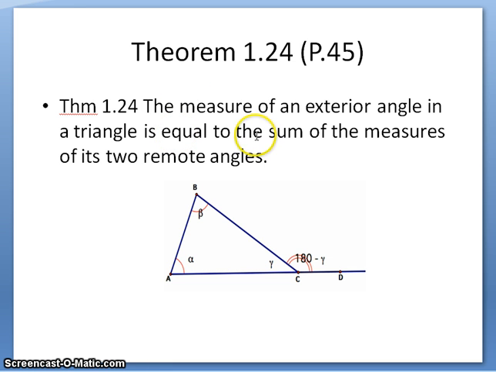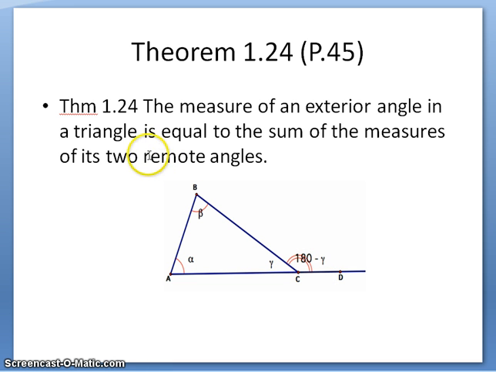The measure of an exterior angle in a triangle is equal to the sum of the measures of its two remote angles. So if we recall the definition of exterior angle, if we extend one side of the triangle to some point, then the angle formed by the extension and the line segment, for example, in the picture here, the angle between CD and BC is called an exterior angle.